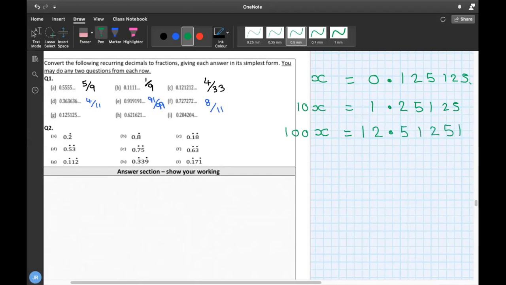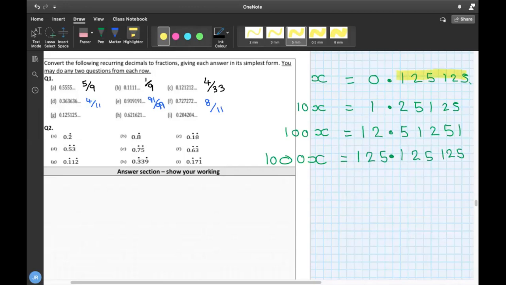That doesn't work either. Let's go up to 1000x. Points. And there we go, we've got it. We've got that 125, 125, like we had in the original. I'll just highlight that to make it a little bit clearer.